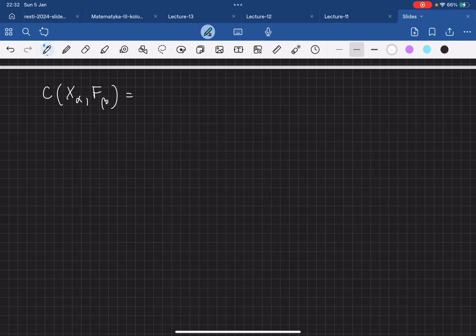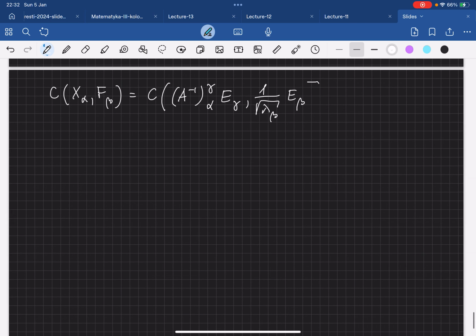So by definition we have here the inverse of A, say gamma alpha E gamma, with the factor, and the factor is 1 over the square root of the eigenvalue times E beta.